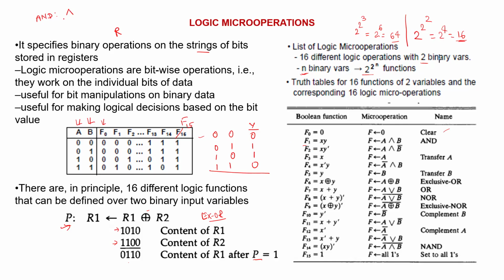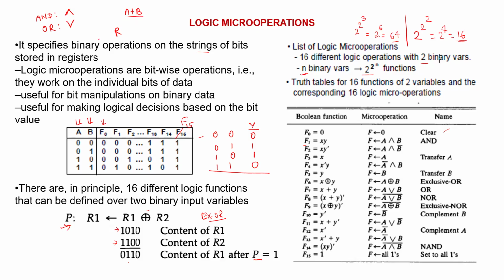A, you can resemble with A without that horizontal line, and for the OR operation it is taken as the opposite of this, that is the V. For the AND it is the inverted V, and for the OR it is the V. Now generally for the OR operation we use the symbol A plus B, but here for arithmetic addition also we are using A plus B. So the system will have confusion whether it is the arithmetic addition or the logic micro operation.